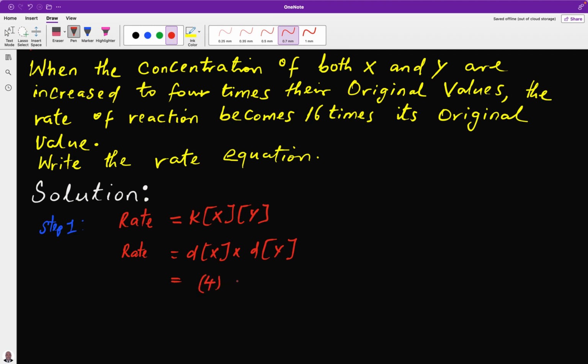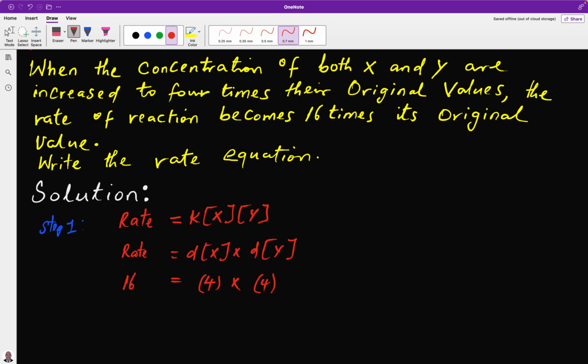Now, times the change in the concentration here has been increased 4 times too. And increasing them 4 times, what happens with the rate? The rate becomes 16 times. We put 16 here.